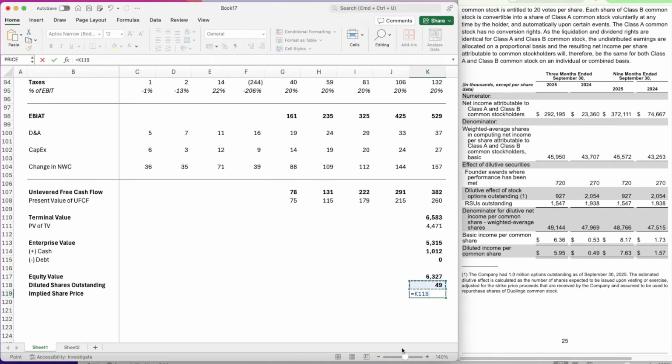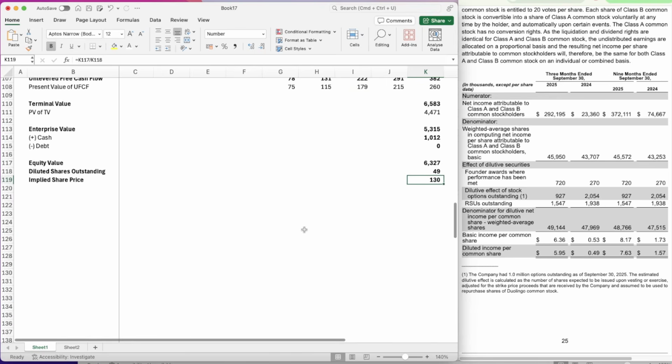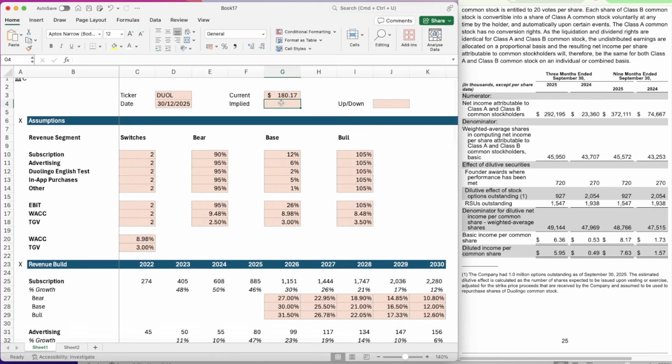Now we take the equity value and we divide it by that. We get the implied share price at about 130. Equals K119. So the up and down side.